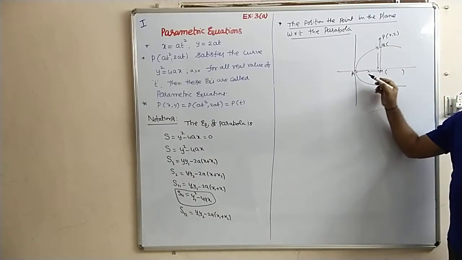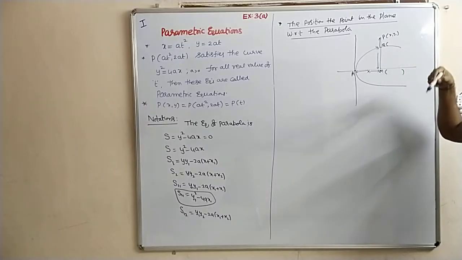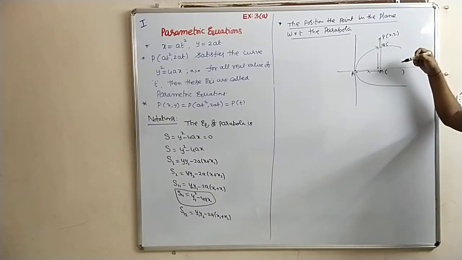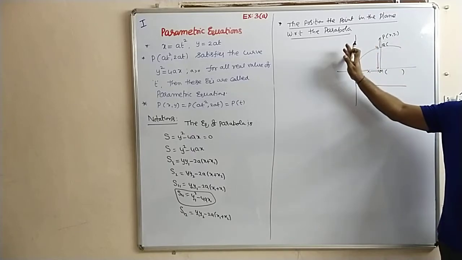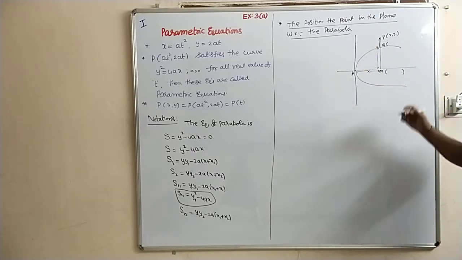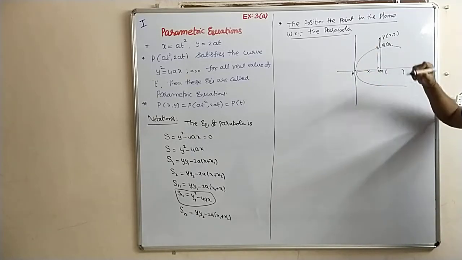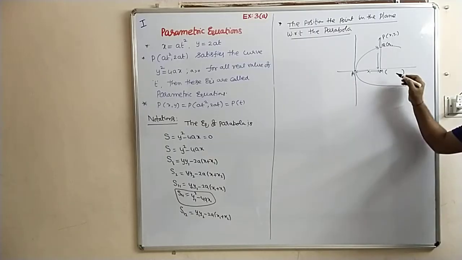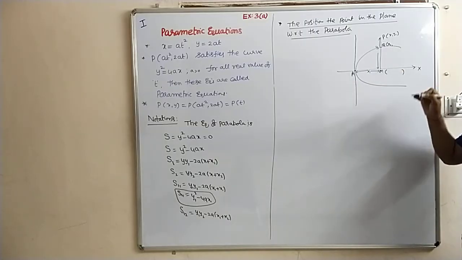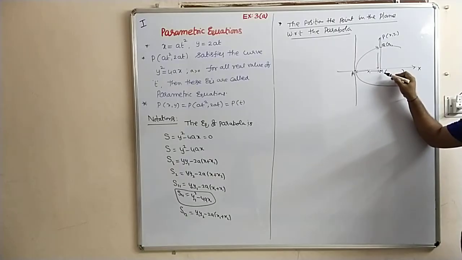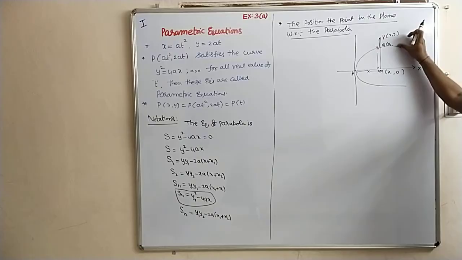Observe that P, Q, M are lying on the same line. Whenever the line is parallel to the y-axis, their x coordinates are equal. So the x coordinate of the point Q is x1. M also lies on the axis of the parabola, the x-axis, so its coordinates are x1 comma 0.